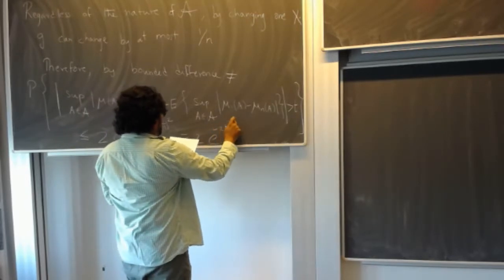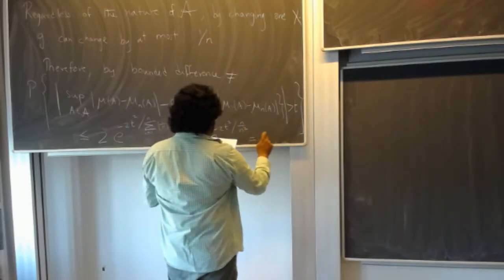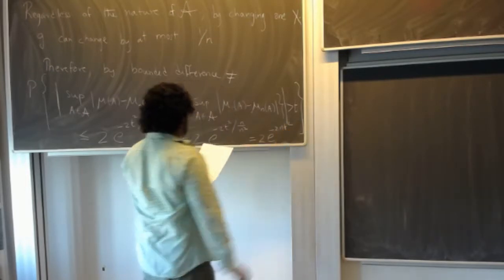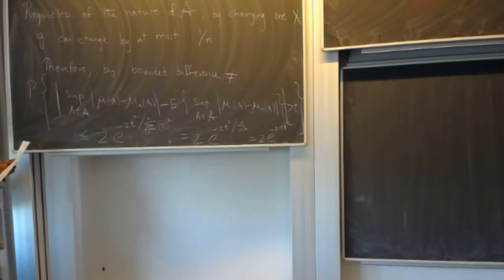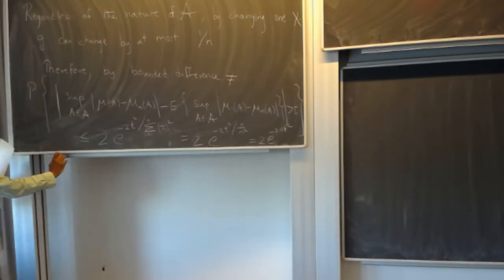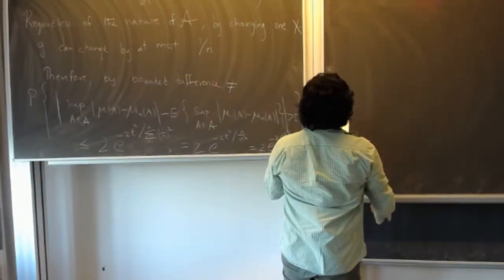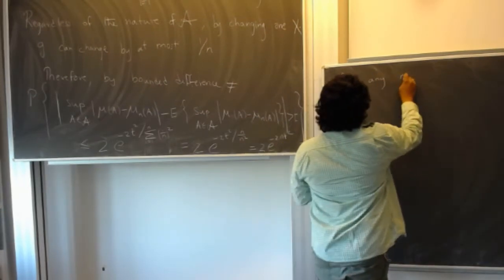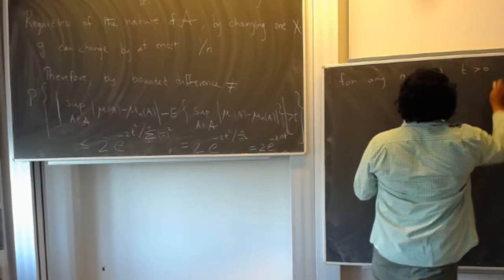Minus 2t squared over n squared, and that's just 2 e to the minus 2nt squared. And this holds for any n and t greater than 0.